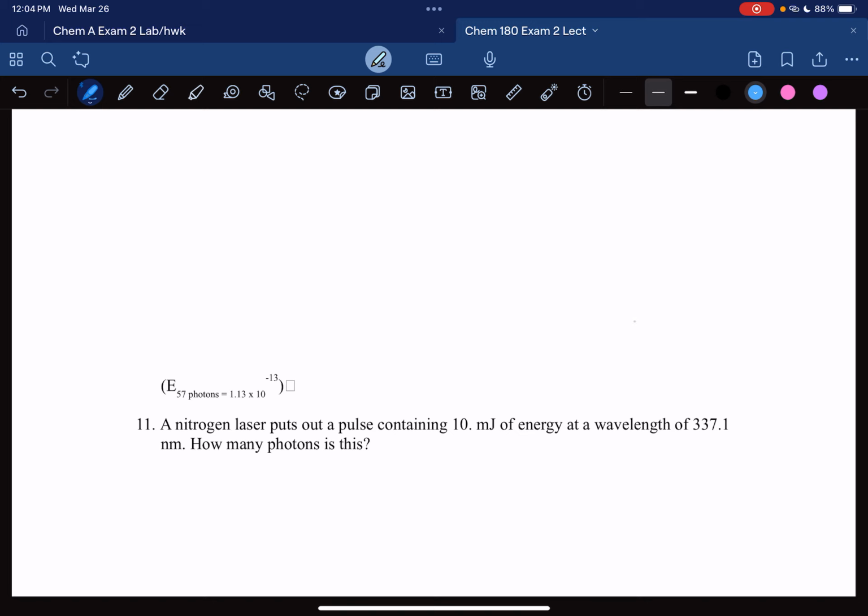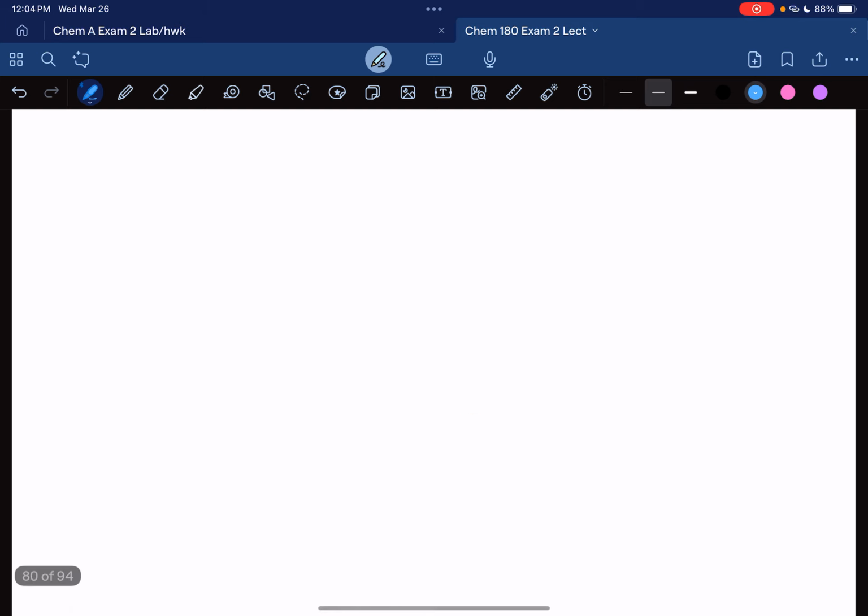So how do you do this one? Find the energy per photon. Whenever you're talking about the energy of a photon, what equation do you use? E equals h nu. So do I know nu? I have to find it out.